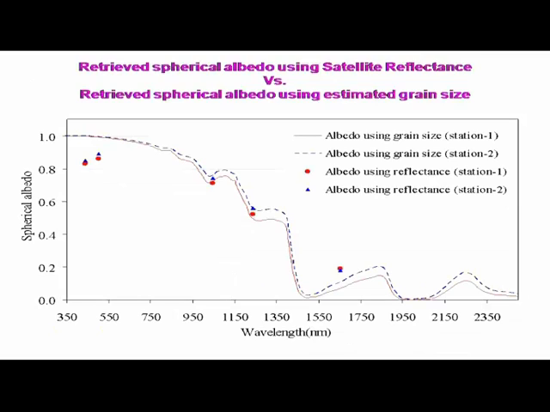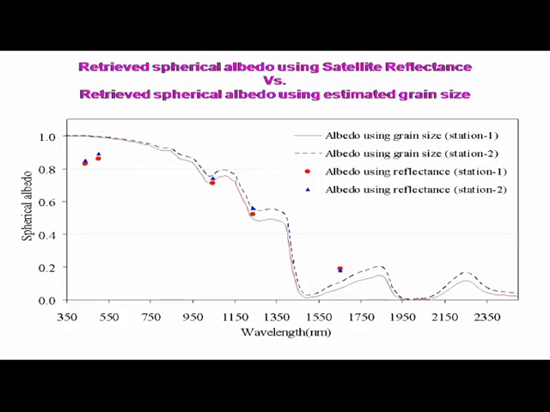Then spherical albedo was also estimated, using the theory of ART, and you will find that in the NIR region the theoretical model and the observed one resemble each other very well, but in the visible region, yes, there is a problem.